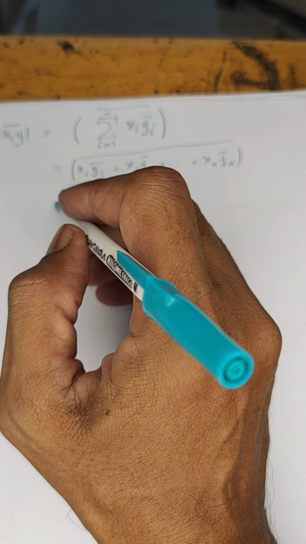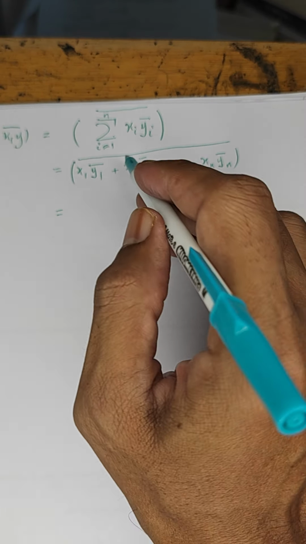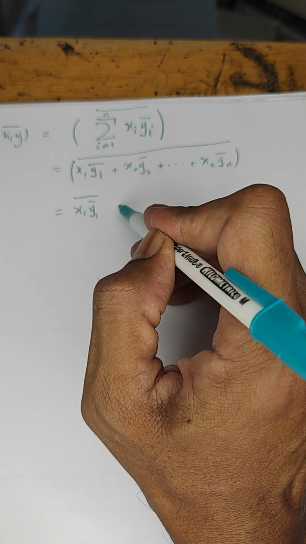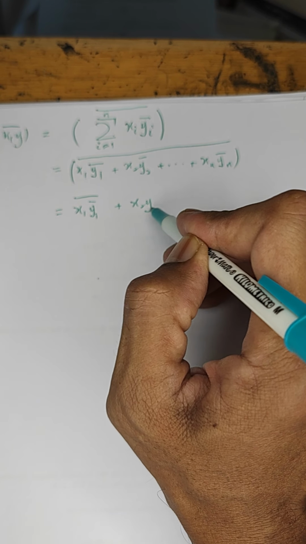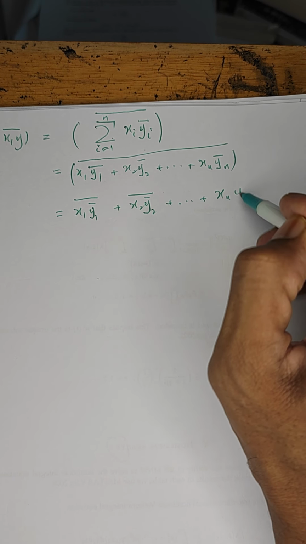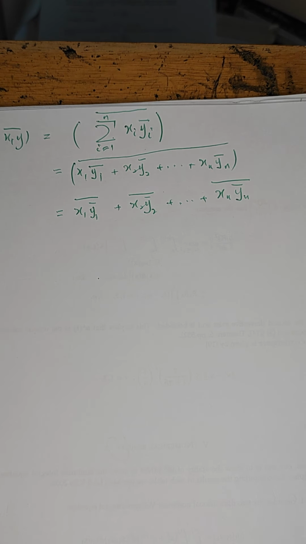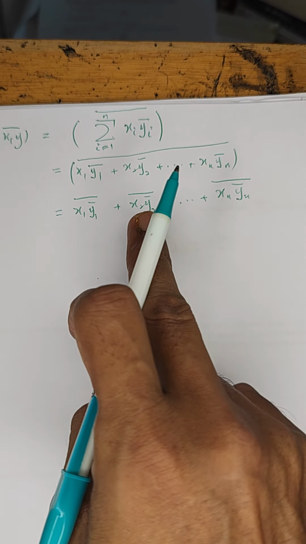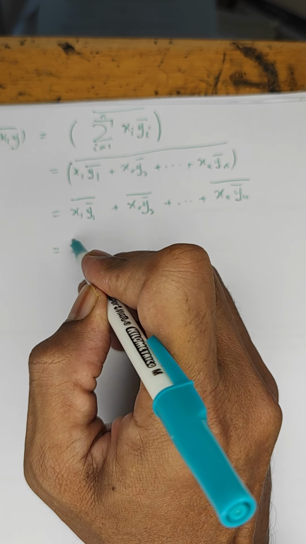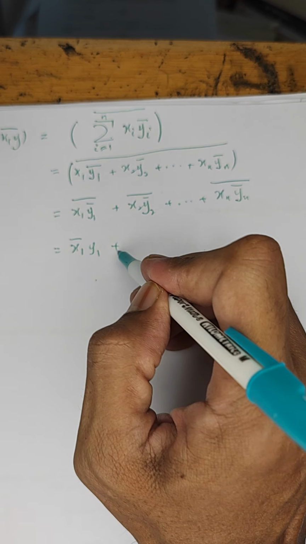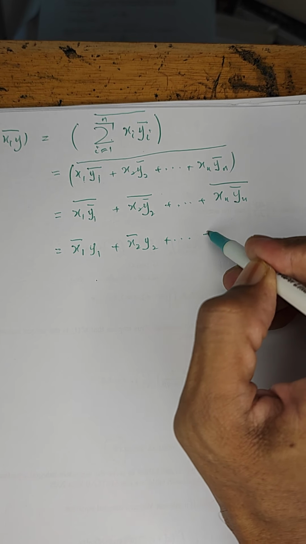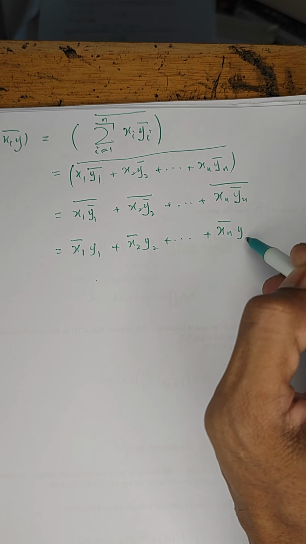By the properties of the conjugate, this is just equal to x1 y1 bar bar plus x2 y2 bar bar plus so on, xn yn bar bar. That gives us x1 bar y1 plus x2 bar y2 plus up to xn bar yn.